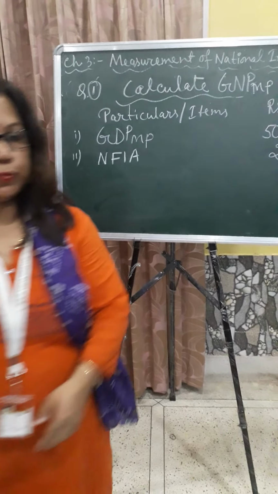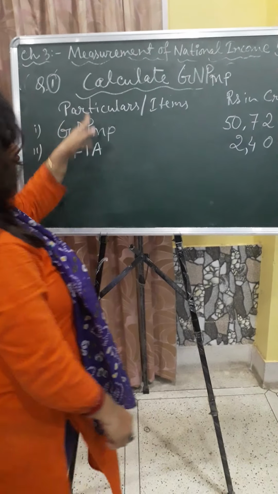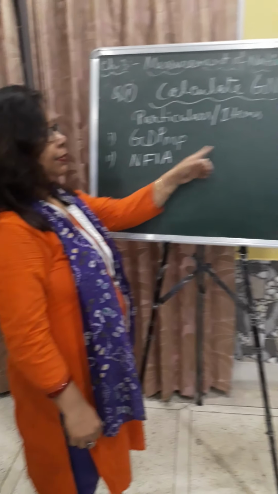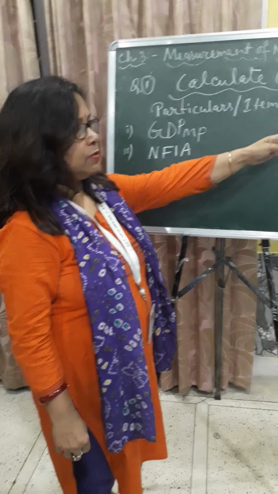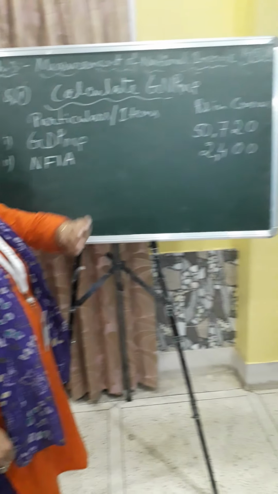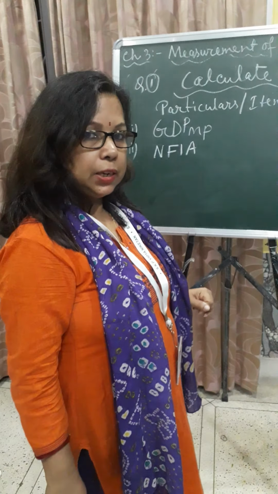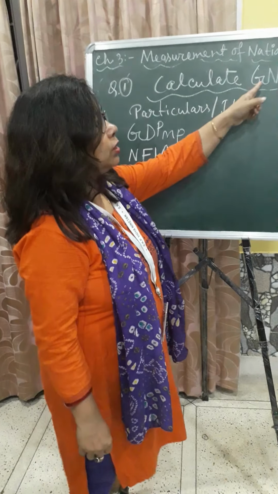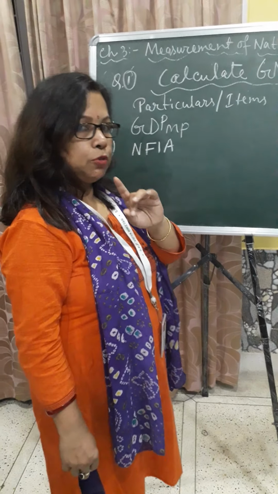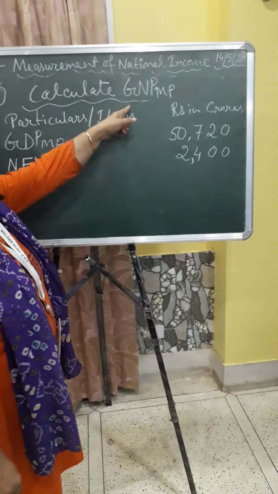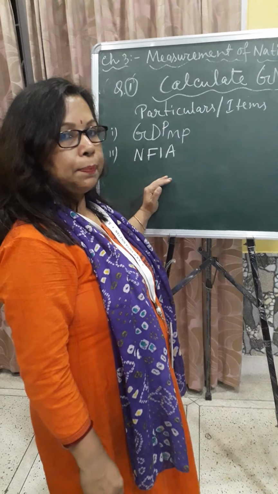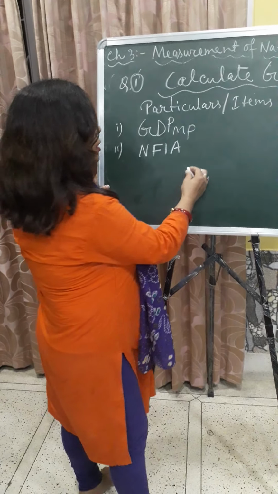So first you see that here 2 items are given, GDPMP and NFIA, with values 5720 and 2400. Now calculate GNPMP, gross national product at market price. First you have to keep in mind, you write GNPMP on the left side.